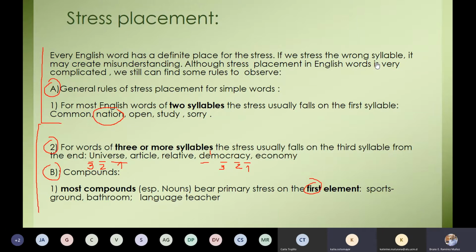Okay, so which are the words? National and the most compound, alarm clock. Perfect, excellent, Katia. Thank you so much. Excellent, very good.